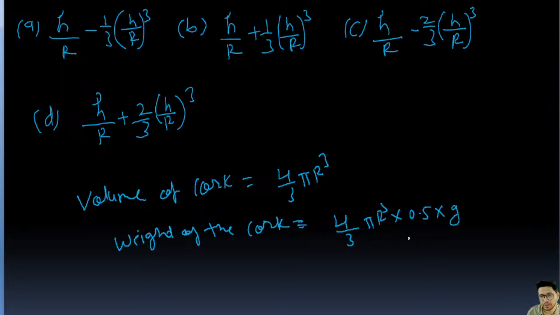If we solve it, this is going to be 2 pi by 3 r cube g, which would be in the downward direction. I hope you understood, guys.